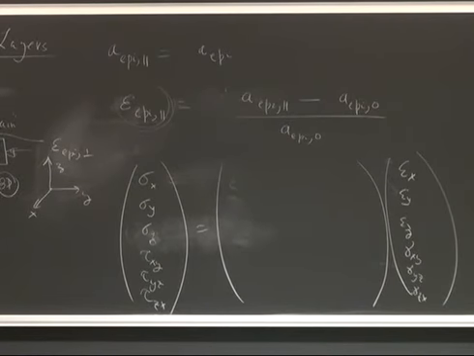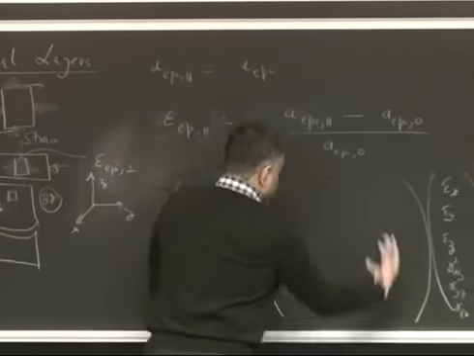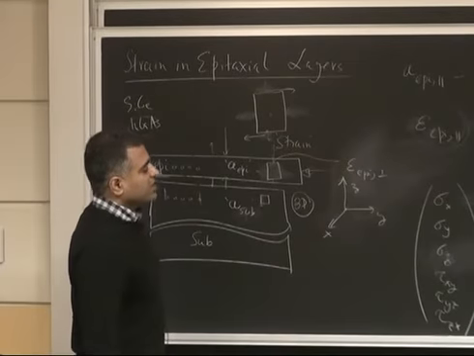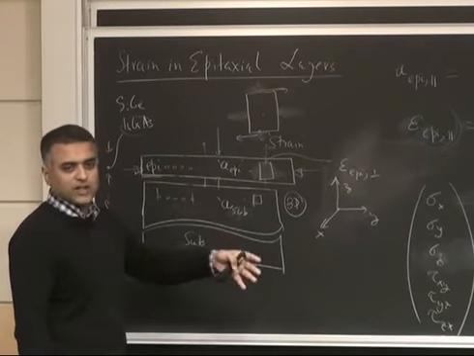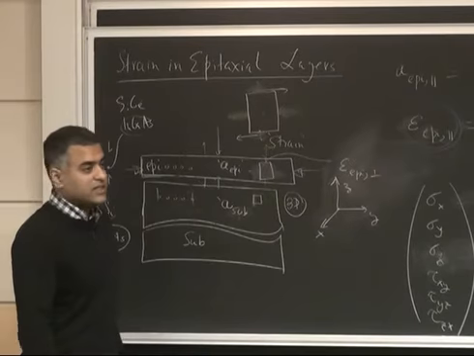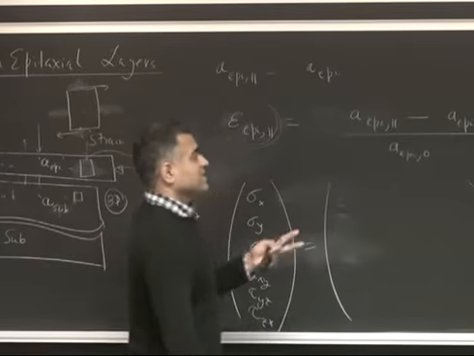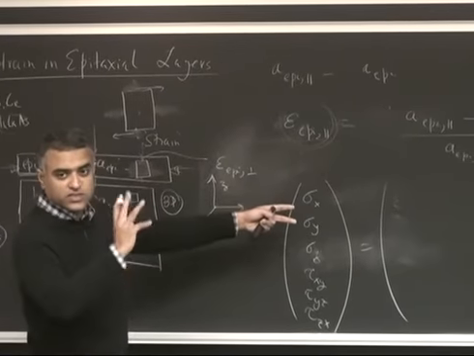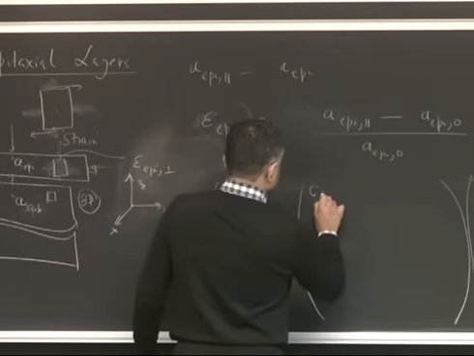And then you have a set of coefficients. In general, maybe somebody knows, there are 21, depending upon symmetries, for 3D. But in a cubic crystal, there are only three independent compliance coefficients.